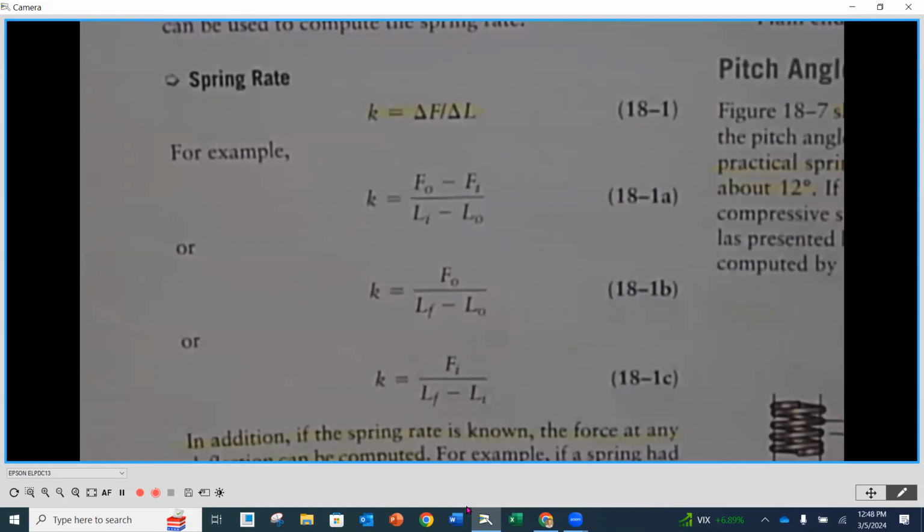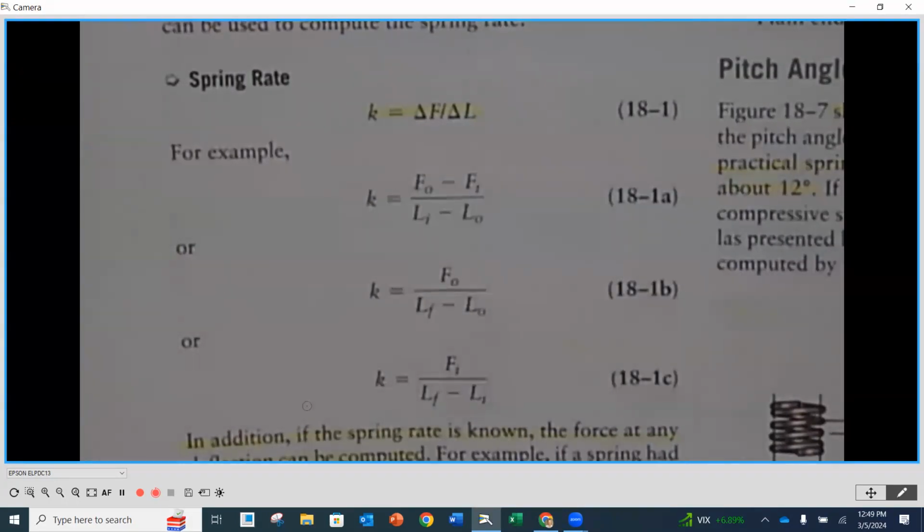Now, the force is in the numerator, and the length is in the denominator. So that means that spring rate has units of force over length. Okay, so spring rate is, for instance, in English units, pounds per inch. In metric units, it would be newtons per millimeter or centimeter, but most often millimeter.